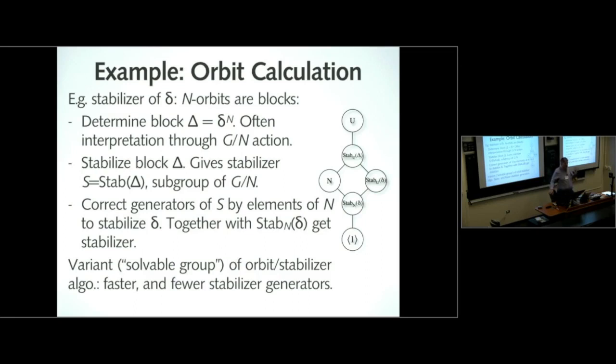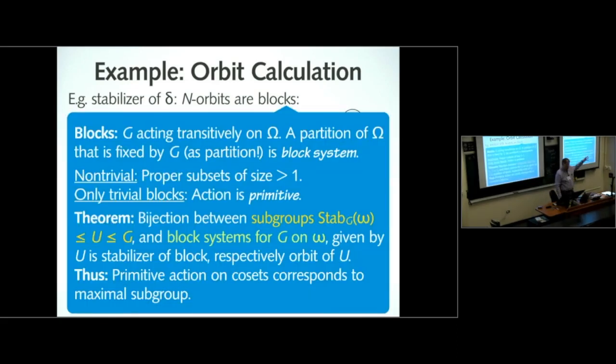In the basic orbit algorithm, you calculate the image of every point under every generator. Well, if you have a normal subgroup, the orbits of the normal subgroup form what are called blocks. They stay together. An orbit of a normal subgroup must be mapped to another orbit of a normal subgroup.